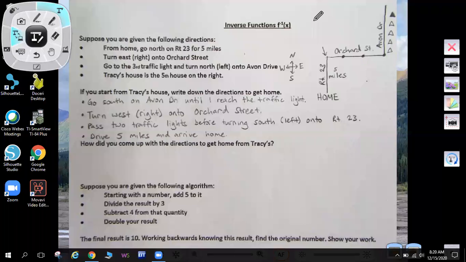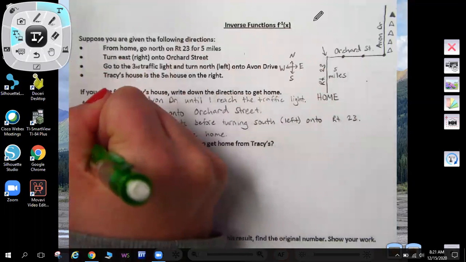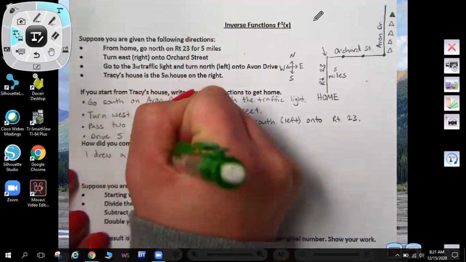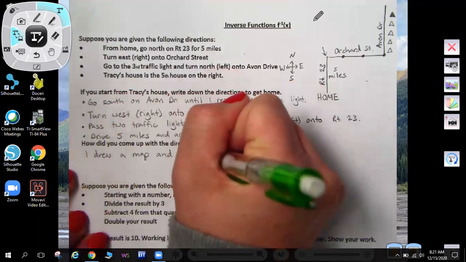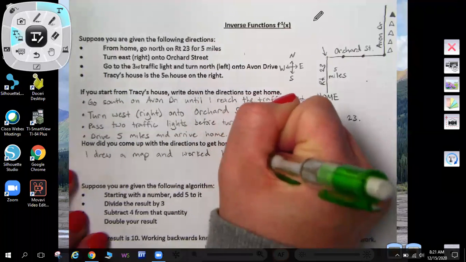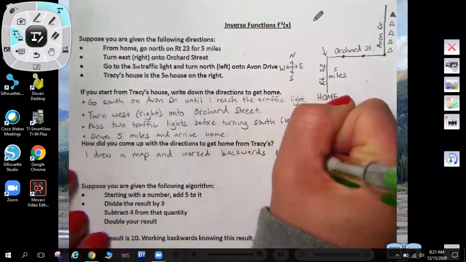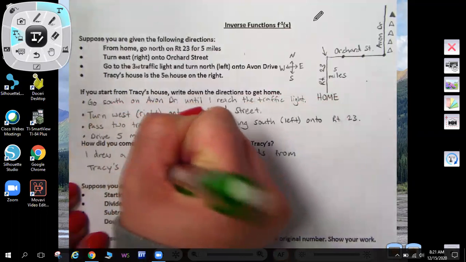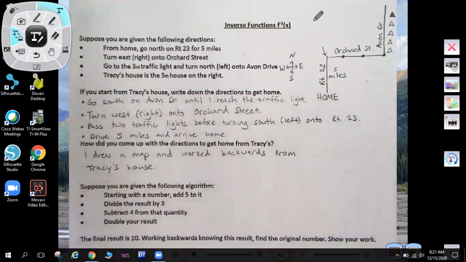Well, I drew a map and used the map to work backwards from Tracy's house.